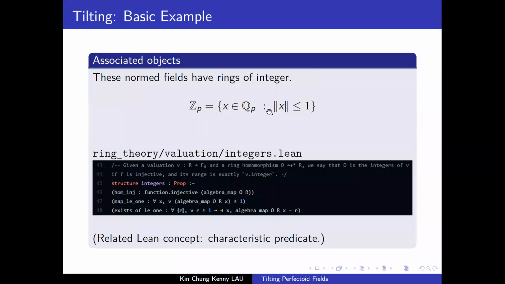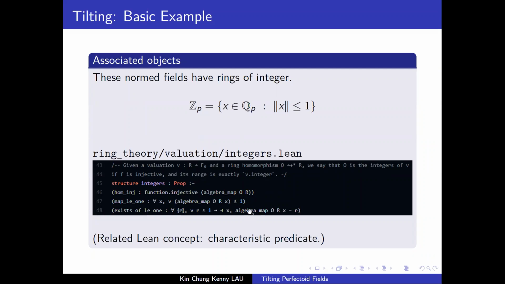Let's say you have Q_p as R here, and then O will be this Z_p. What it means for O to be a ring of integers of R is that we have an inclusion map from O to R, represented by this injective arrow. It is injective because it is a subset, but in general, when we consider isomorphic things, it doesn't need to be a subset, but it will still have this map.